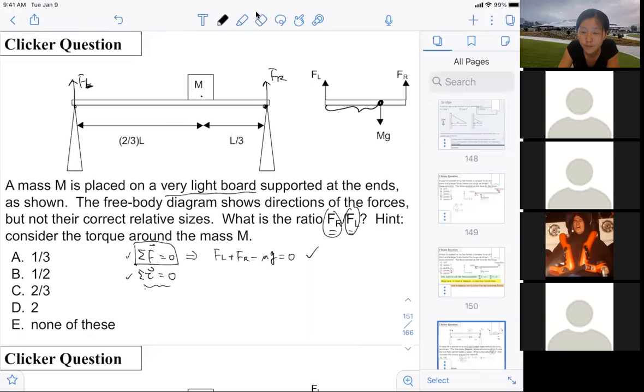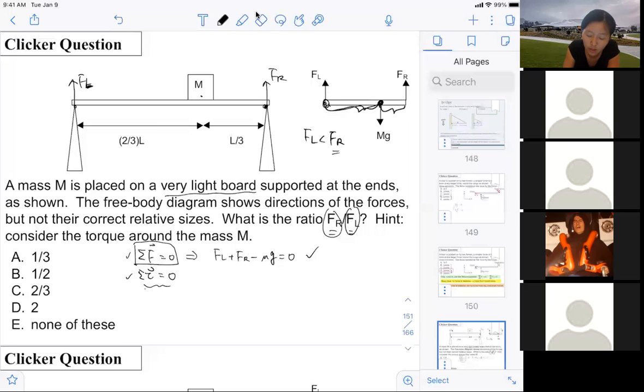So since on the left side the R is bigger, would the force be smaller on that side to balance out? Yes. If you think of this as sort of like a seesaw relative to this point, if one is a much longer distance, then this one has to be a smaller force. So FL has to be smaller than FR.